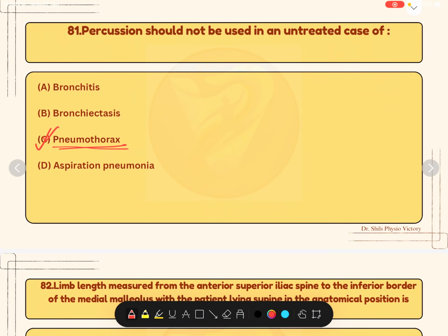Chest percussion is a manual technique in chest physiotherapy to loosen and mobilize secretions in the airways, aiding clearance in conditions like cystic fibrosis or pneumonia. However, in an untreated pneumothorax, percussion can increase intrapleural pressure or dislodge air, potentially worsening the collapse or leading to tension pneumothorax, which is a life-threatening emergency.